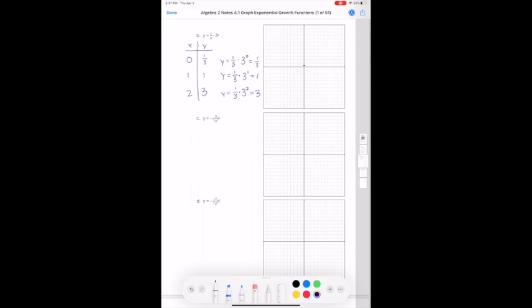Again, graphing these points, obviously the fractions don't have to be perfect, just try to get it close. My asymptote is still at the x-axis. So I'm going to draw my graph going in that same shape. Gets really close to that line, but shouldn't touch it.